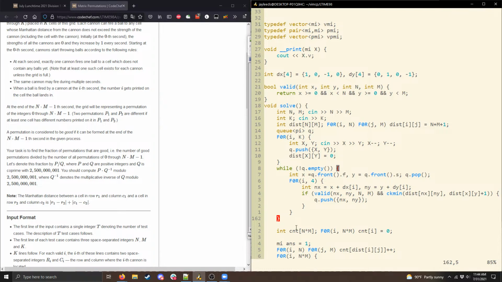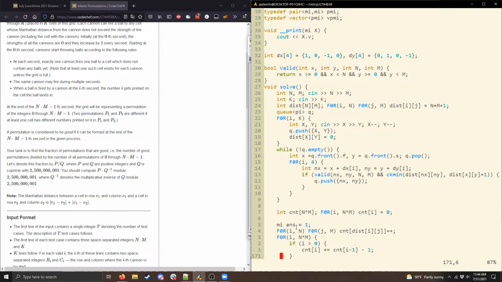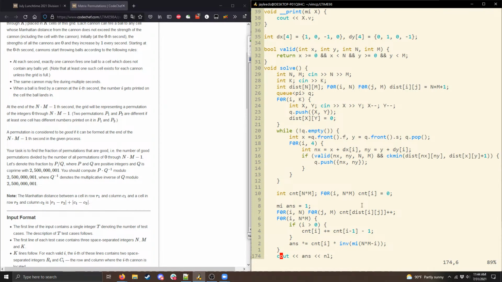It might be something you're familiar with, but then I store these CNTs, and CNT stores the count of distances that are equal to i for all i. And then I turn CNT into a prefix sum array, except I also subtract the one that was taken in the last step.